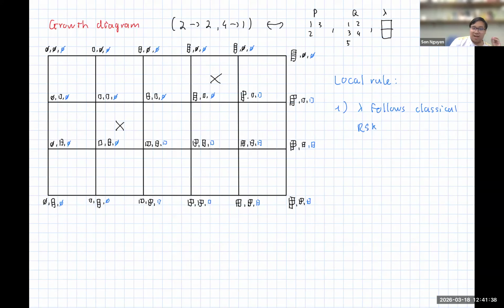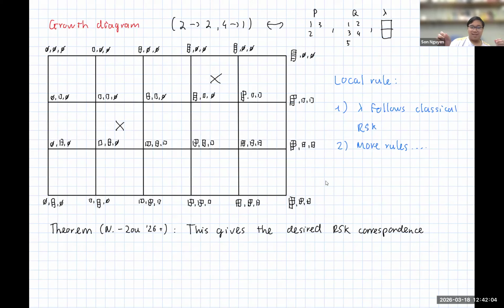So it's kind of obvious that my third partition has to follow the classical RSK rule. And all I need to do is find the remaining ones, and there are like 10 or 12 of them. And I got lazy when I got to this point, so I didn't write everything out. But they are not complicated. Okay, anyone has any question?